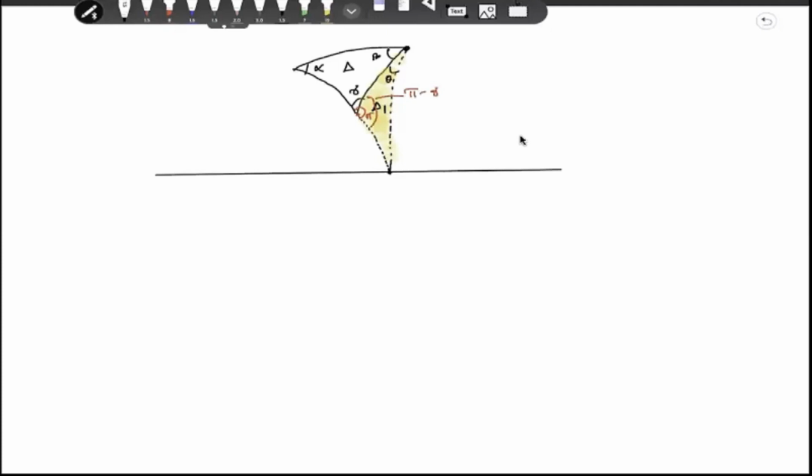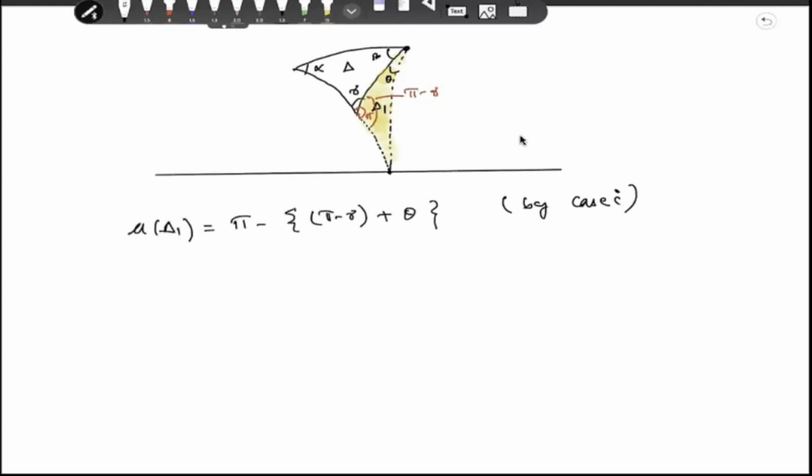So therefore, mu of delta 1 is equal to pi minus the sum of the vertex angles. So one vertex angle is pi minus gamma and another one is your theta. So this is by case 1.